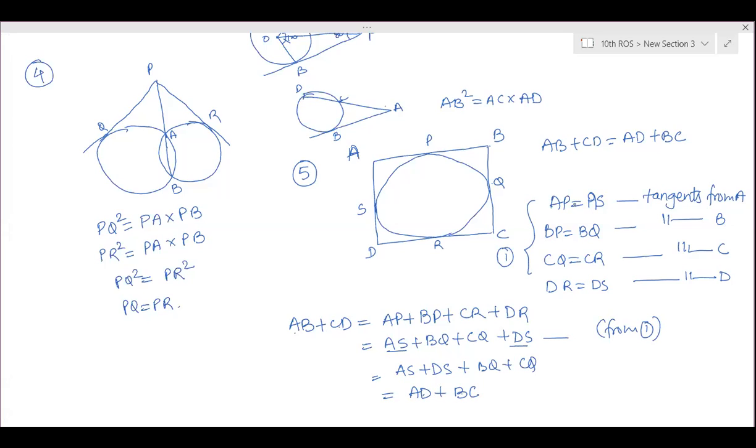Ma'am, one second, ma'am. I'll just write it. Ma'am, for me, I took tangent as the entire line.